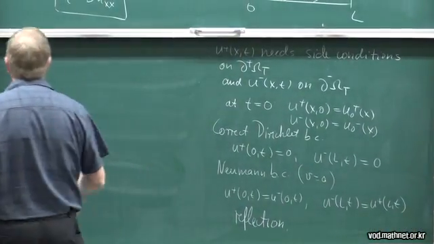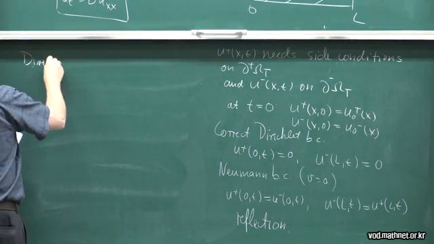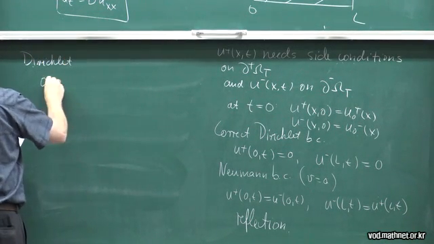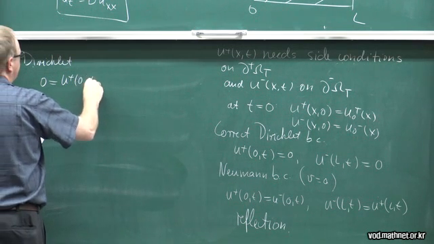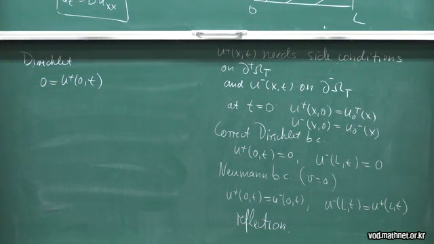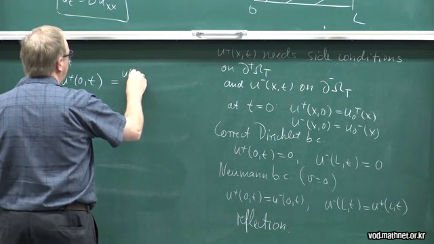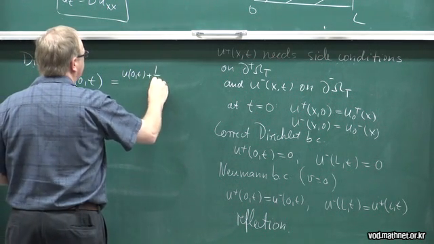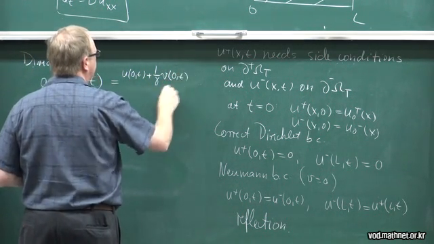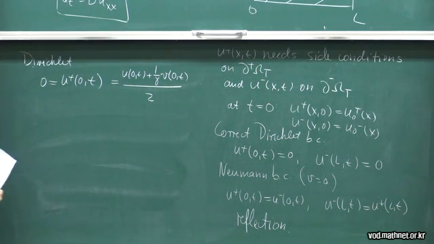So let's look at Dirichlet again. So 0 is u plus at (0,t). But now I can express u plus coming from u and v. So u plus is nothing else than u at (0,t) plus 1 over gamma v at (0,t), divided by 2. If you plug in the definitions for u and v, which we have from here, then this 1 over gamma takes care of this gamma, and then the sum is u plus and the difference is u minus.